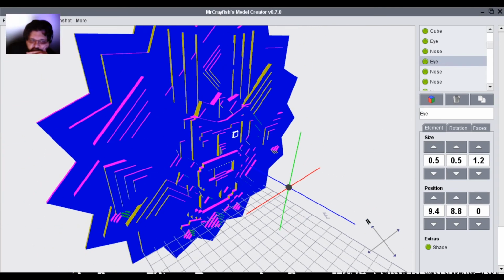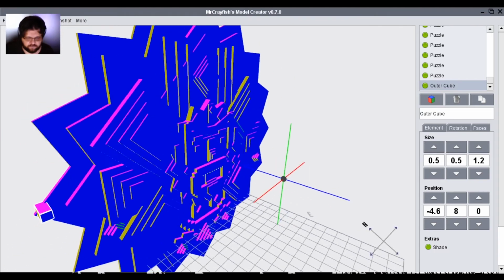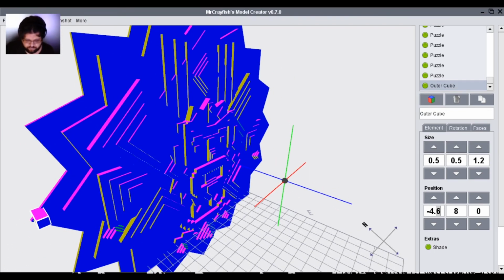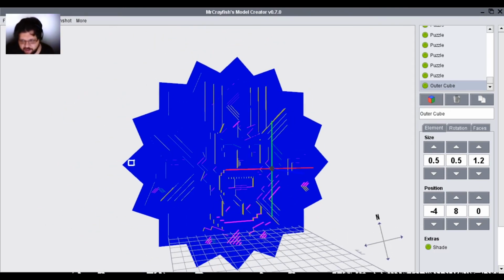The eye is 0.5. Outer cube. -4 is fine, but 8 is not.